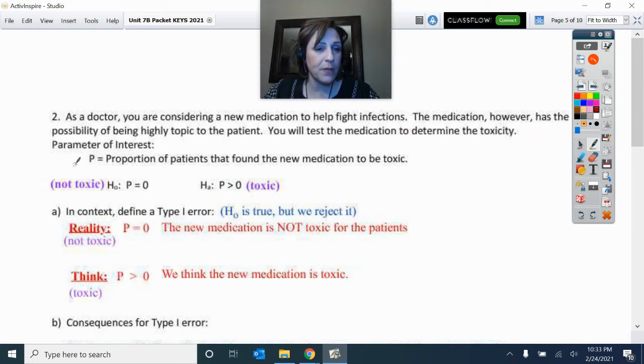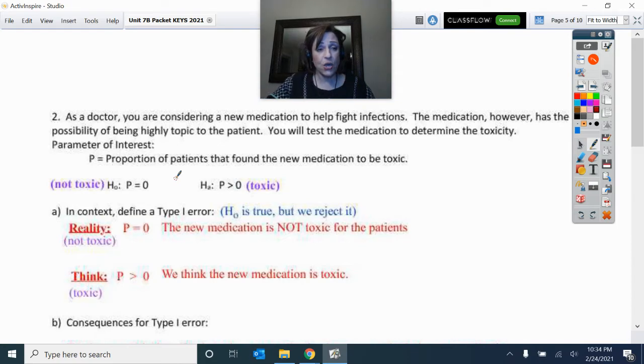Our parameter of interest is the proportion of patients for whom the new medication was toxic, who were hurt by it. The null hypothesis is that we do not have toxicity. So that's actually a good thing in this case, which is kind of interesting.